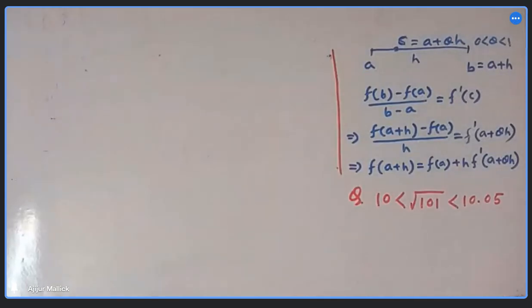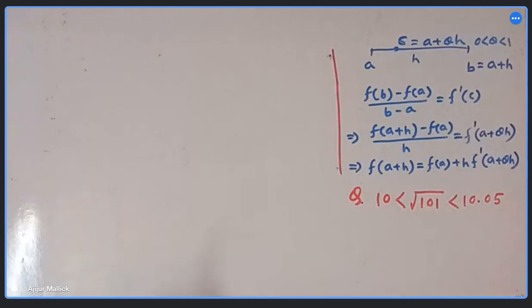Or the question may be in this way also, so that approximate value of root 101 lies between 10 and 10.05. So we shall show this thing.